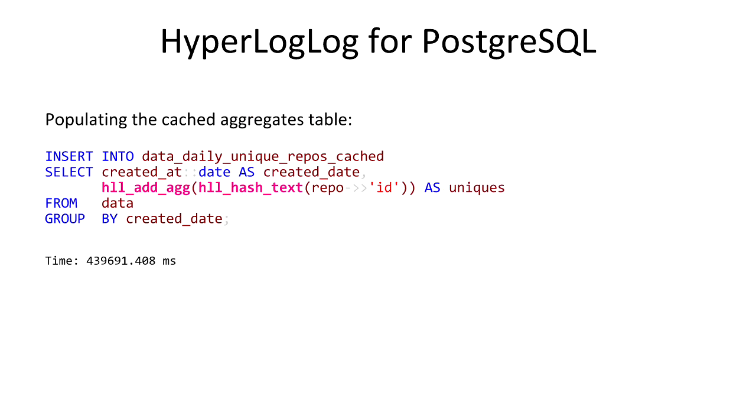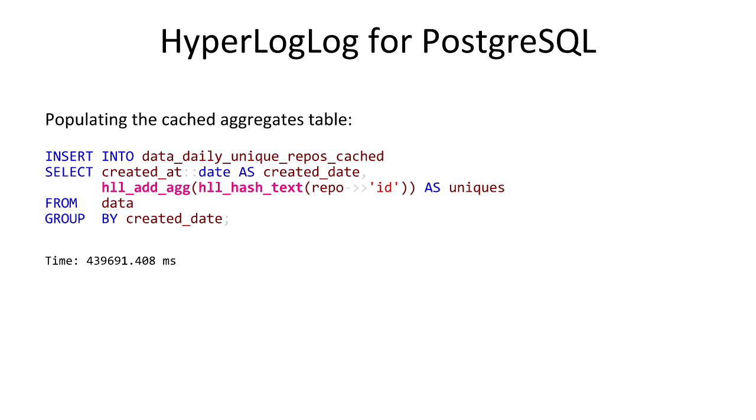We have a number of queries for you that take forever, but it's mostly because, let's say, you wanted to populate your data daily unique repos cache table with everything in the data table, then there is an HLL add aggregation function where you can take the HLL hash text of all the repo IDs in the data table.